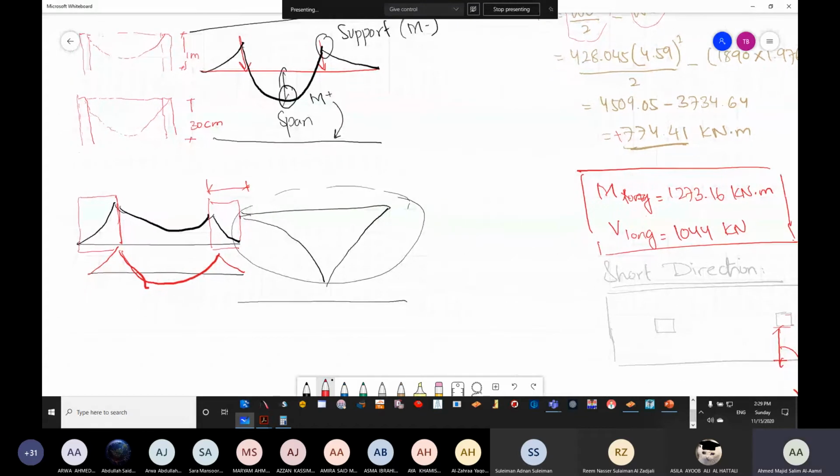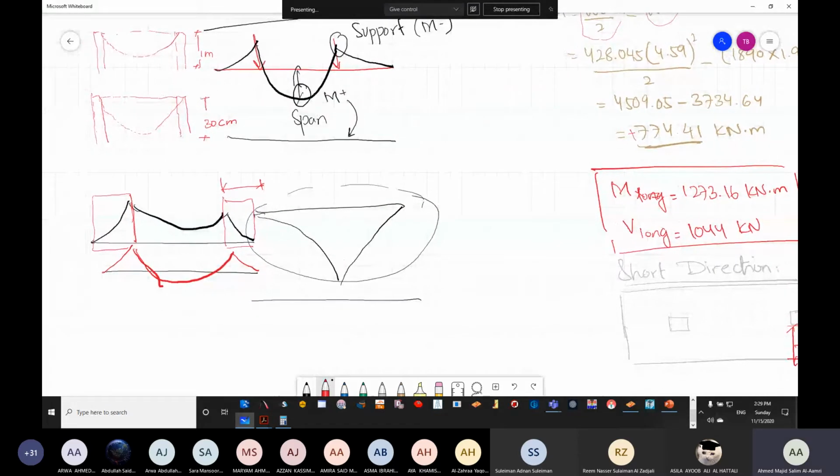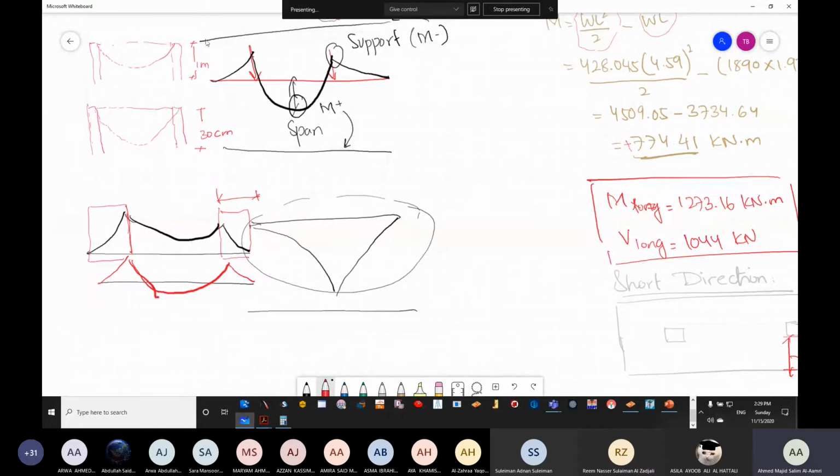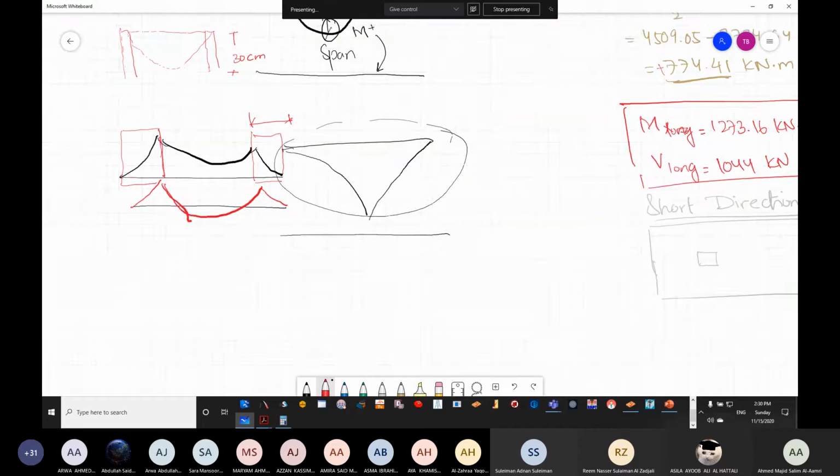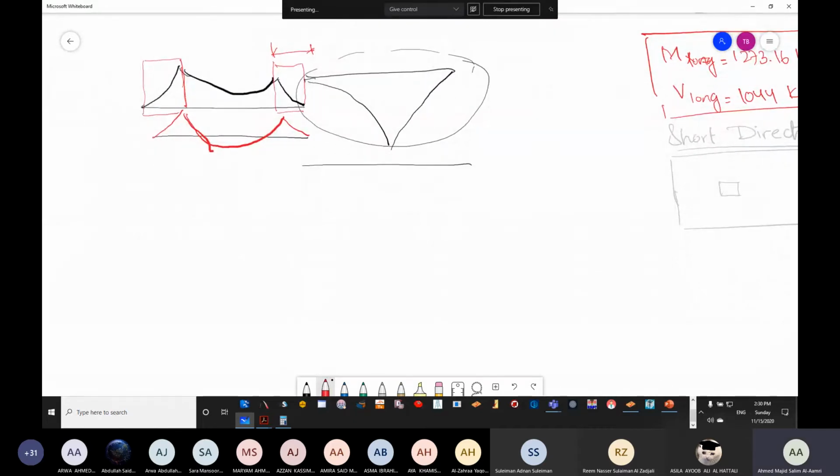Which one do you think will touch the ground? The first scenario or the second scenario, 1 meter or 30 centimeters? 30 centimeters. And the concept of the height refers to the same as the intensity. Meaning to say, if we have an edge of 1 meter, my bending moment diagram will be a certain value.